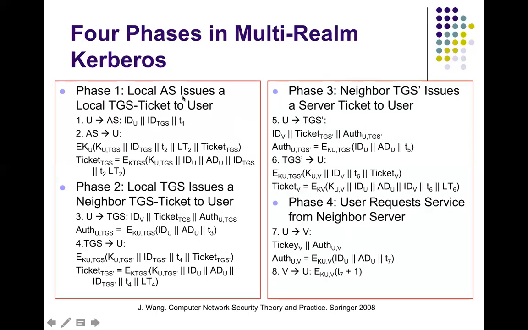The local AS, after authenticating the user, issues a local TGS ticket to the user. This is the same as before in phase 1. But in phase 2, this time the user wants to use a server in a neighbor LAN, so the local TGS issues a neighbor TGS ticket to the user.